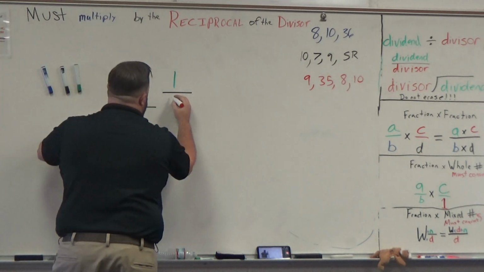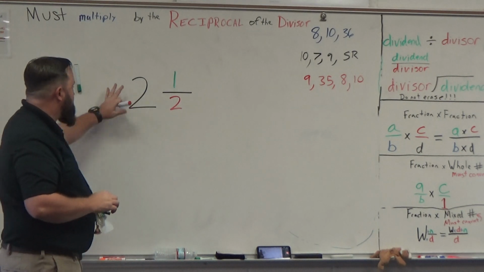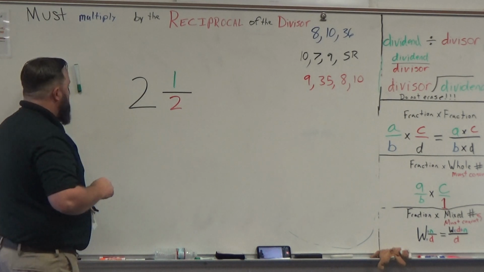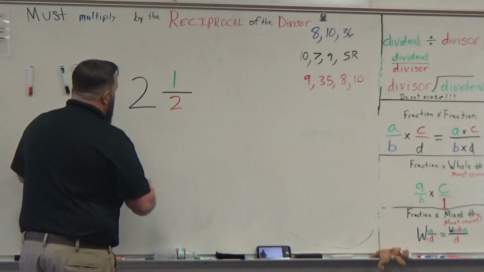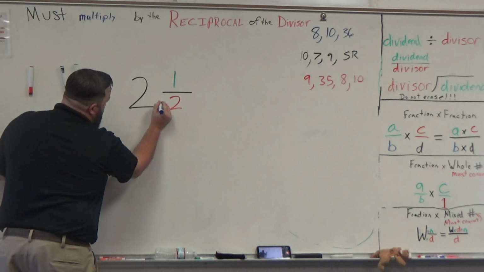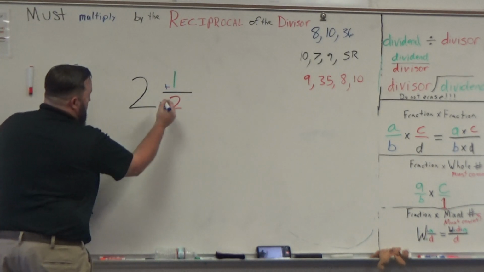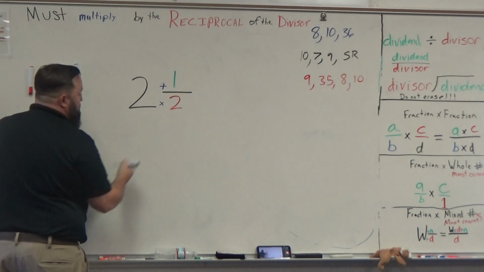So, 2 1/2. Remember, this is not a fraction. This is a mixed number. So we must convert it if we're going to work with it as a fraction. So, to do that, I have it down here. We do whole number times denominator plus numerator. Let me fix that plus symbol. I notice I always do this in blue.